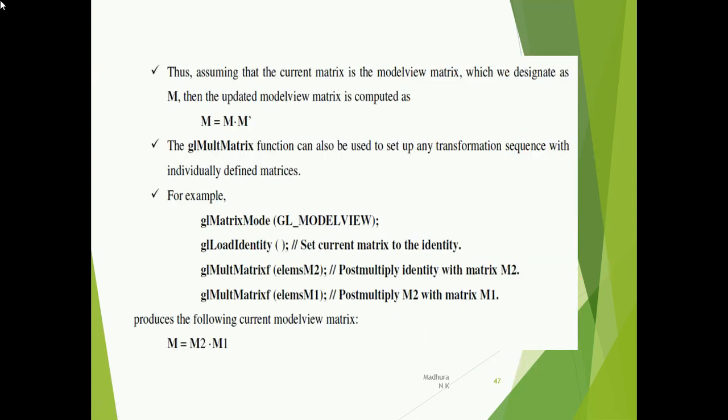Thus, assuming that the current matrix is a model view matrix, which we designate as M, we have M equals M into M dash. What do you mean by this M? M is the model view matrix, or you can say it is the current matrix you have. This current matrix has to now be updated with certain values.